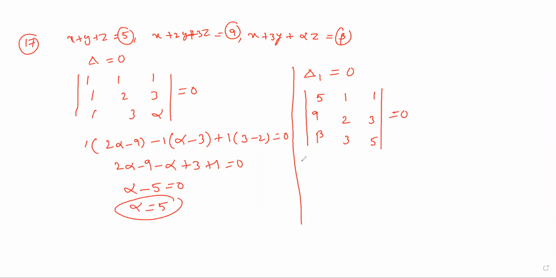5. Now we'll expand this: 5 into 5 2s are 10 minus 9, minus 1 into, delete this row and column, 9 5s are 45 minus 3 beta.